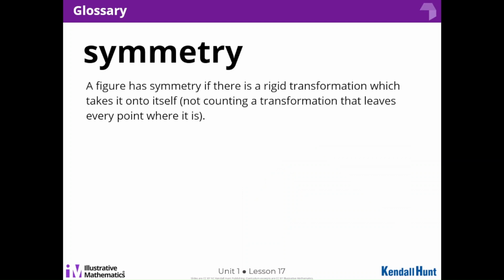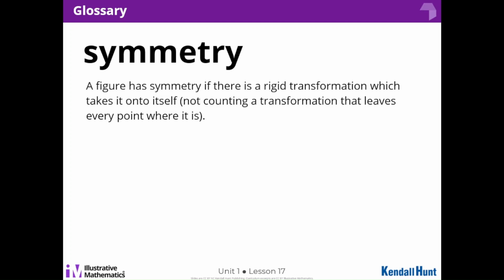Symmetry. A figure has symmetry if there is a rigid transformation which takes it onto itself, not counting a transformation that leaves every point where it is.